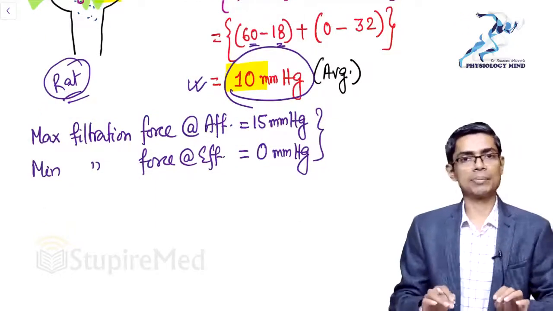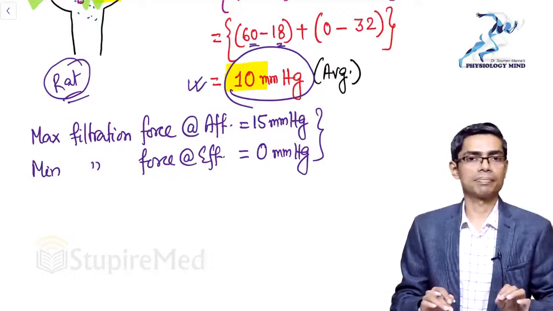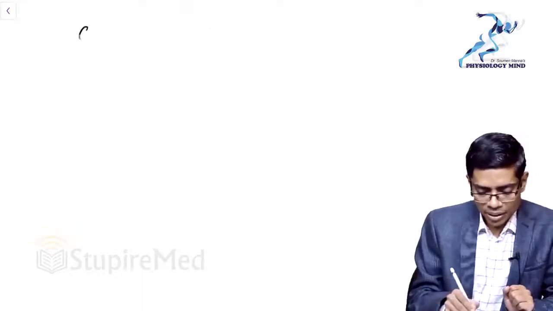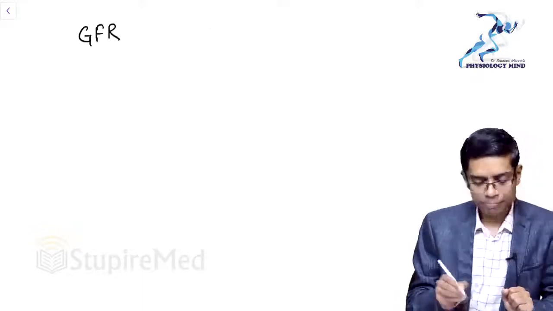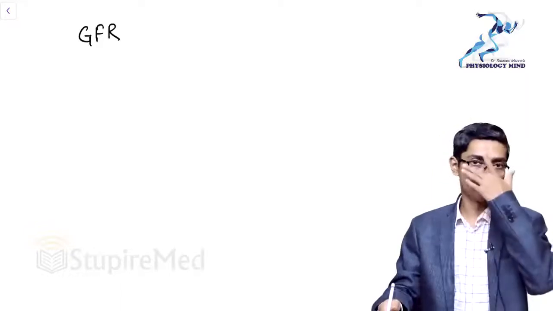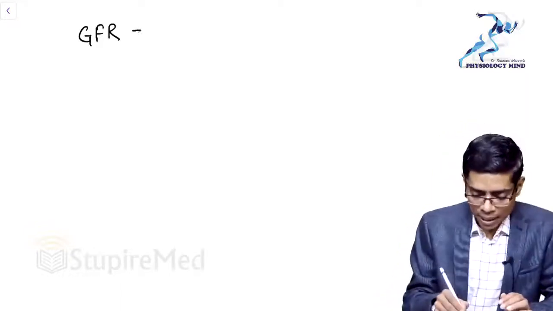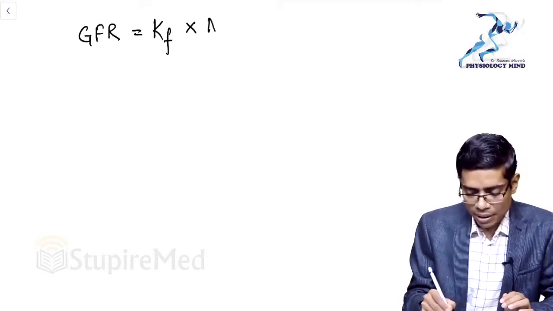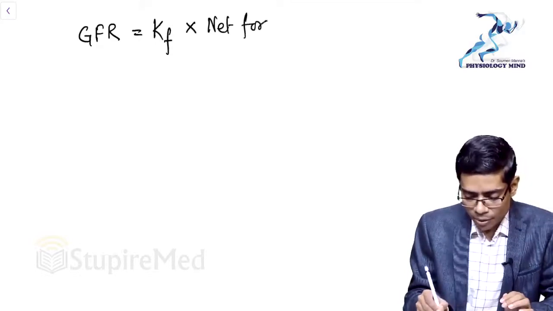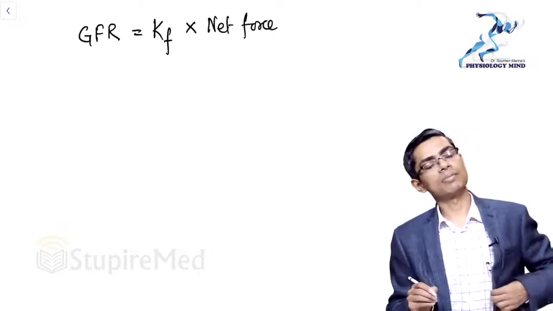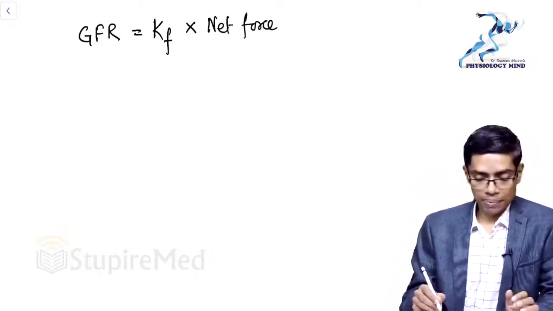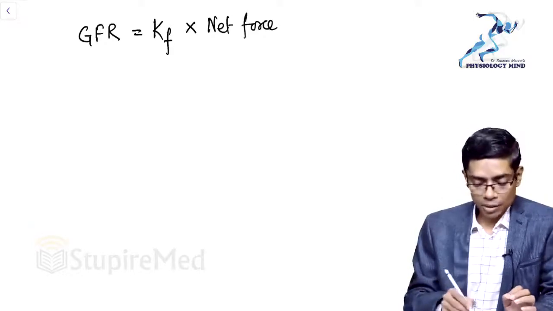This is already an MCQ which has been asked, right? So this is the net force of filtration. Now if I want to calculate the GFR, the glomerular filtration, what do I have to do? I have to multiply one constant, Kf, by the net force of filtration. So what is this Kf? It's a constant. Now how to get the value of this constant?